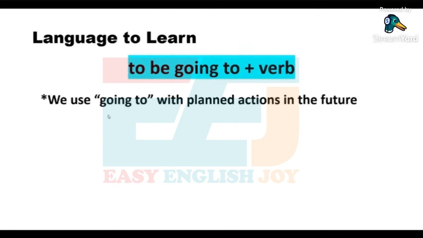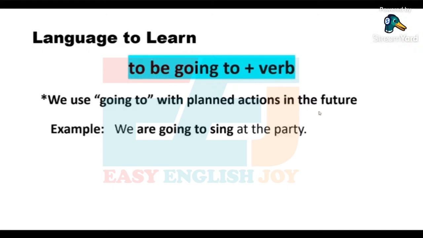We use going to with planned actions in the future. For example, we are going to sing at the party. So as you can see guys, we have here the subject, which is a plural pronoun we, followed by the be verb are.